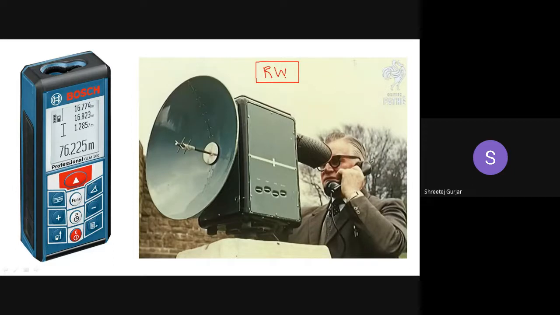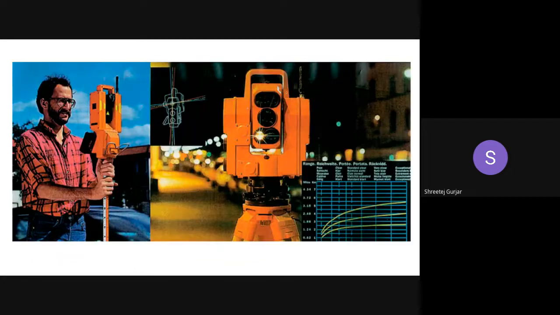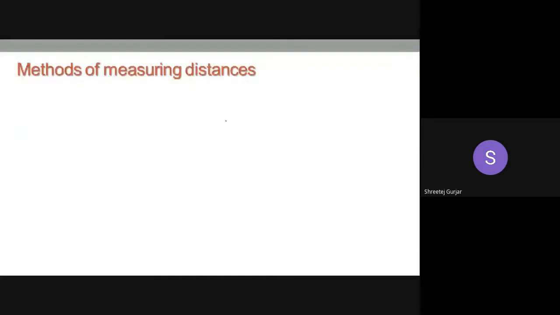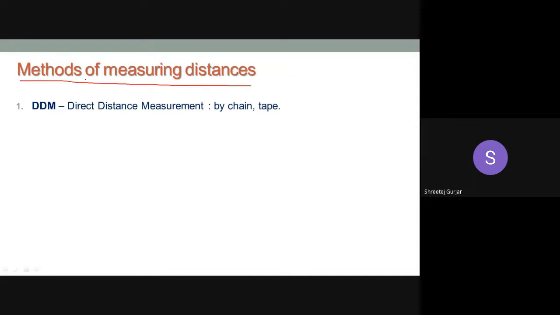So tellurometer is an electronic distance measuring instrument, right? And this is a tellurometer, and the previous one is a geodimeter. Okay, so these are examples of the third type, that is electronic distance measuring instruments. Okay, so I hope this part is clear, right? Just I'll list down. So first one is direct measurement done by chain or tape, or a combination of those.